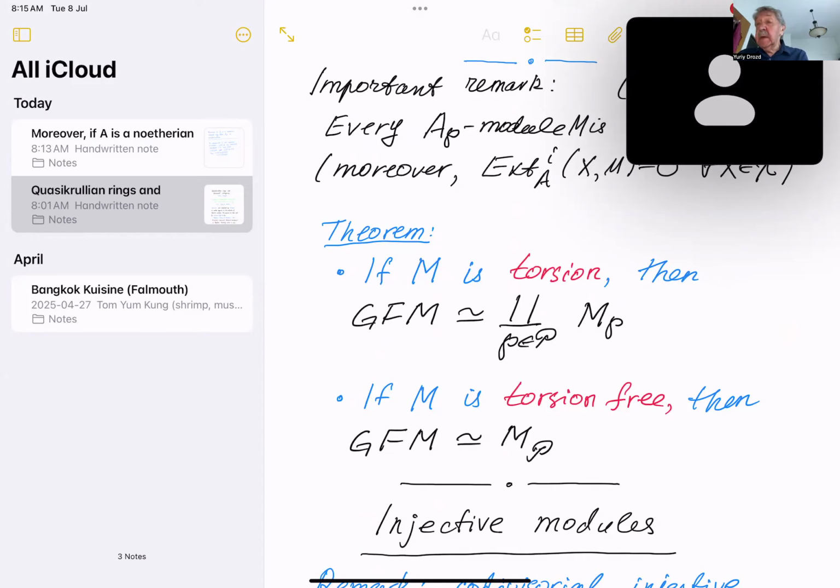If a model is Gaussian, then its closure, its GFM, is isomorphic to the coproduct or direct sum of all its height 1 localizations. And if M is torsion-free, then it is closed if and only if it is divisorial.